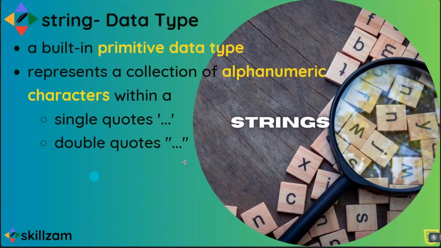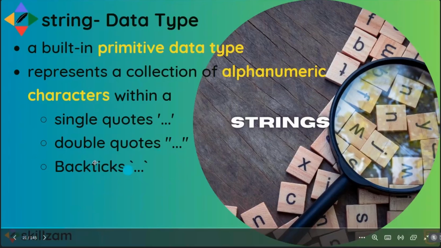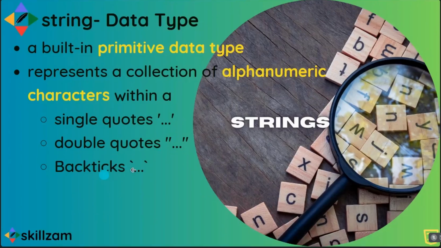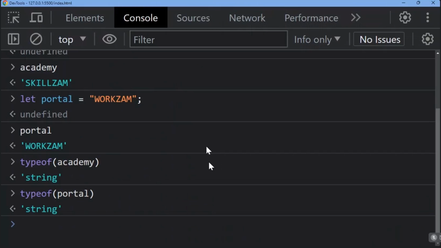All right. And there is another very interesting way, backticks. Backtick is a character that is available right above the tab key on your keyboard. There is a tab key, and on top of that there is a key where the backtick and tilde symbol both appear. That is what the backtick is. You can also use backticks. How do you do that?